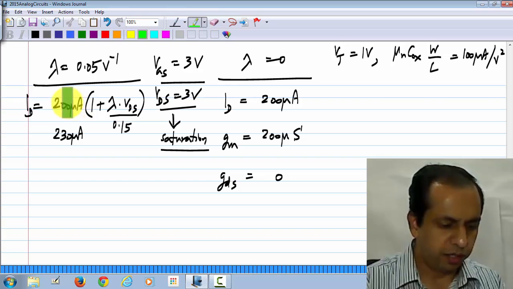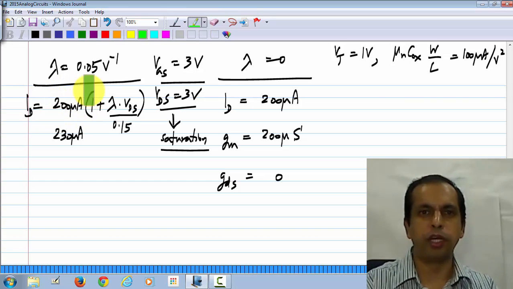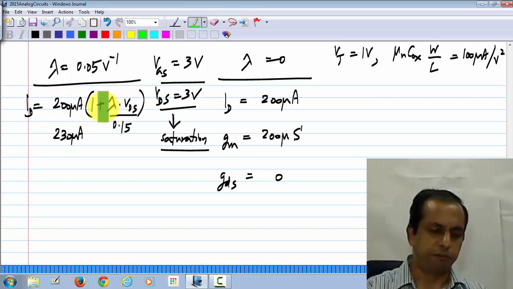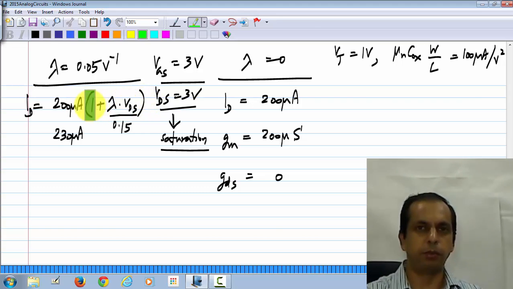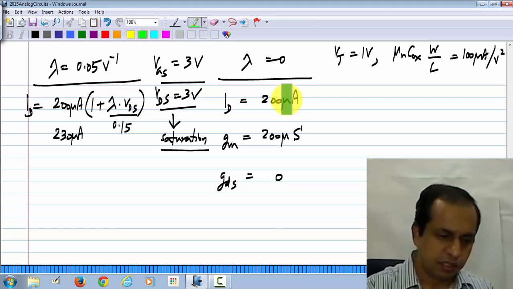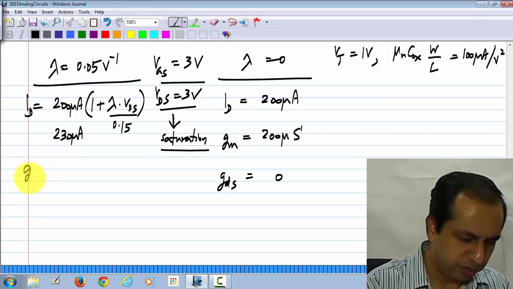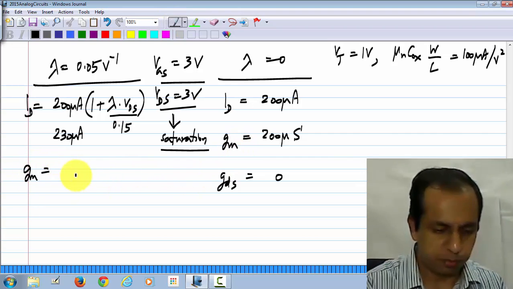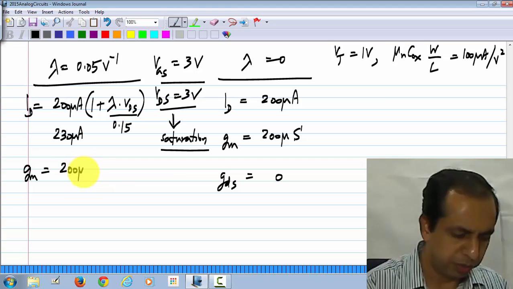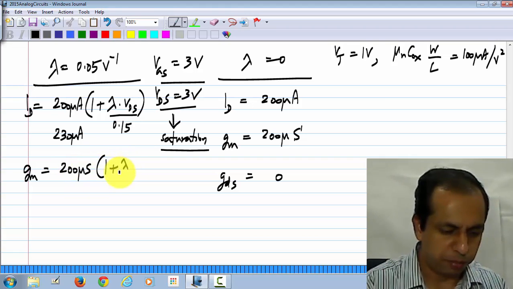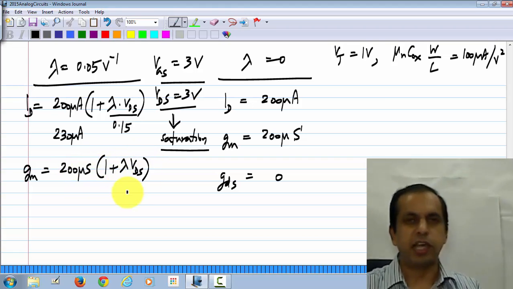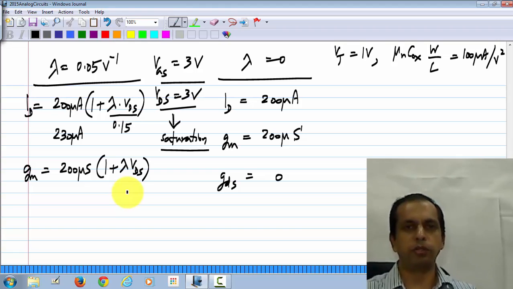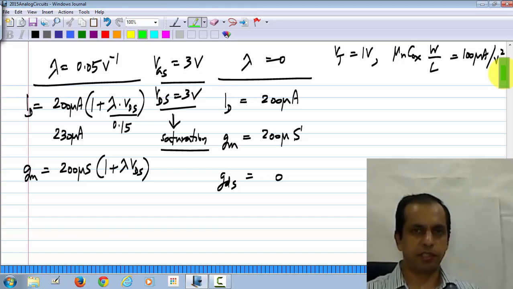So, there is an error if we assume 200 microamperes, but that is okay, because if we include this in every expression, we will not be able to calculate anything at all. Similarly, GM will be the GM calculated from the original expression, which is 200 micro Siemens times 1 plus lambda VDS. These calculations are quite simple. So, that is why I am not going through them step by step. So, I assume that you can work out these things quite easily by yourselves.